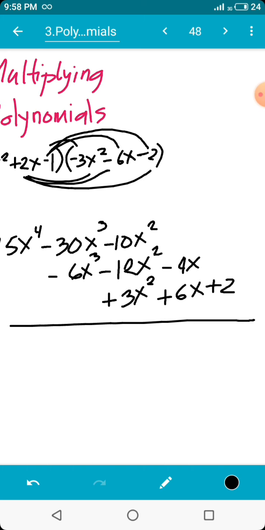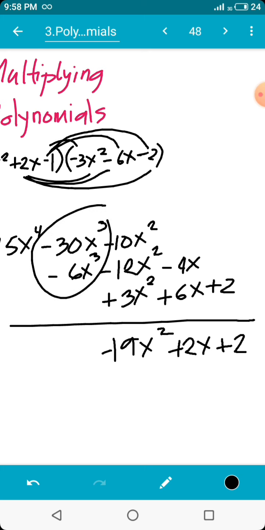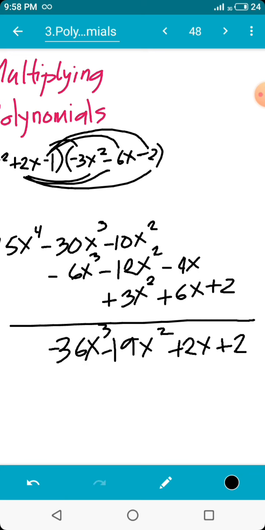So, pagsamahin na natin. So, we have positive 2. Here, we have positive 2x. And then, dito, meron tayong negative 19x squared. And then, dito, we have negative 36x cubed.